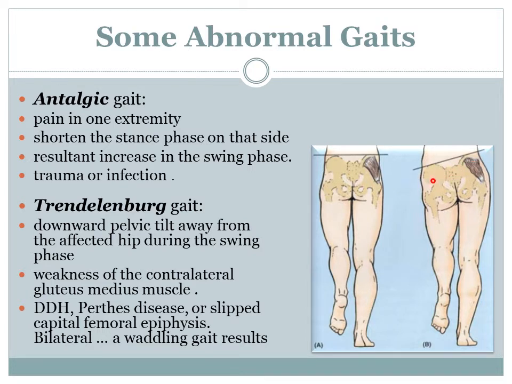Here you can see it. This is mainly due to weakness of the gluteus medius muscle, the main abductor muscle here. If the abductor muscle is strong enough, there will be no tilting of the pelvis. If the abductor muscle of the hip is affected or weak, there will be tilting of the pelvis to the opposite side during the stance phase of the affected side.